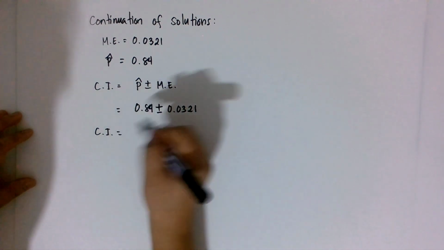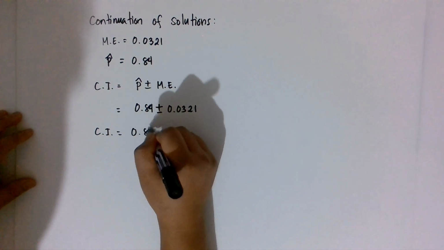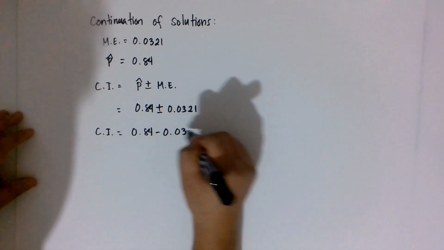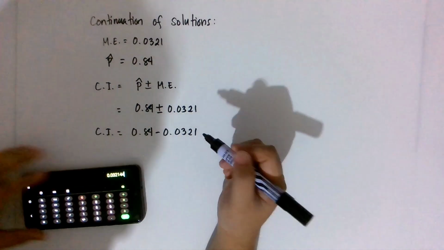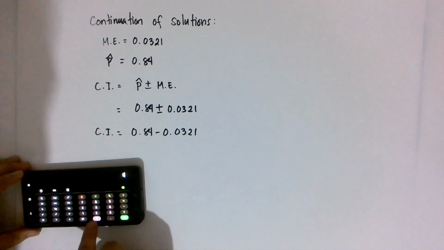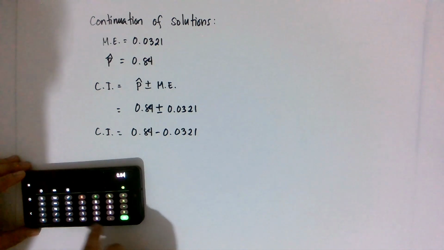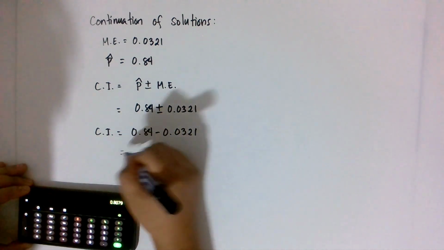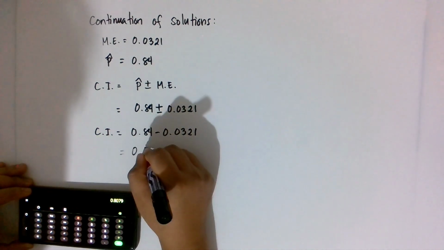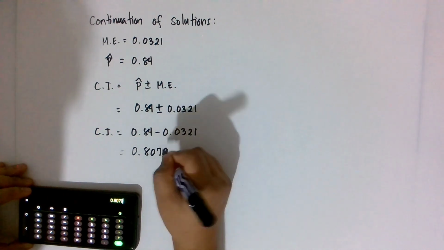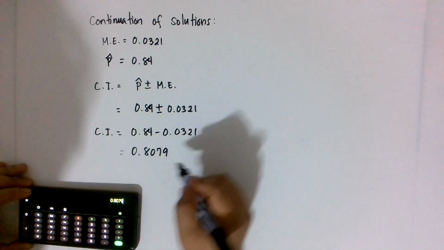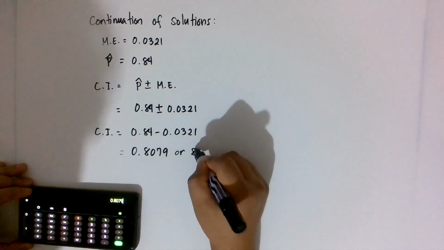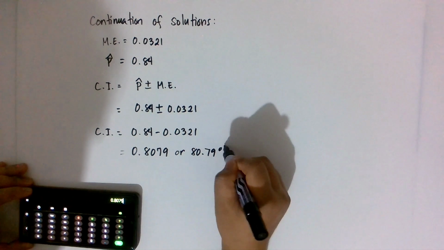So, para sa unang interval, pag pinag-minus natin sila, kunin muna natin yung minus kasi yun yung ating lower limit. 0.84 minus 0.0321 equals, alright, we have 0.8079 or 80.79%.